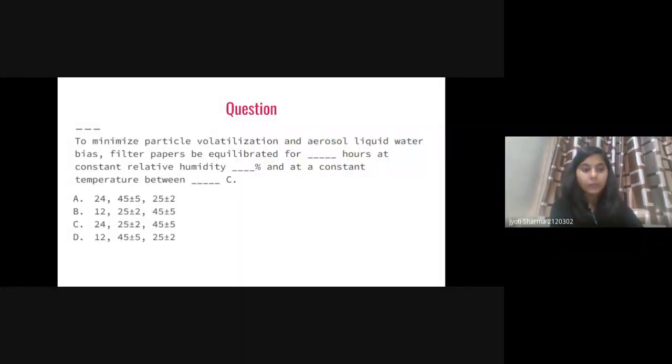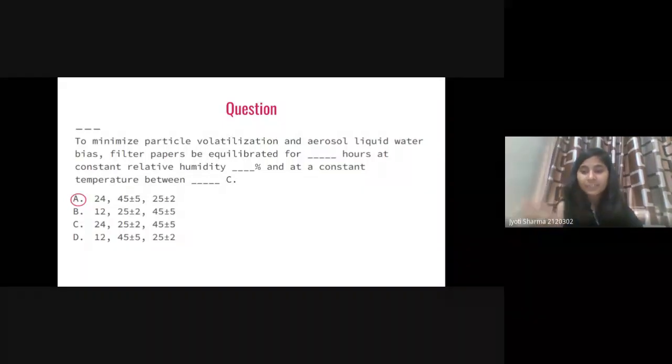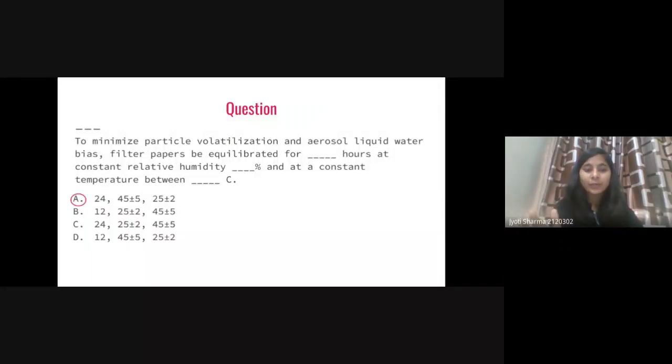Korea A. Okay, yes, the answer should be A, because we will keep our filter paper for 24 hours at a relative humidity of 45 plus or minus 5 percent, and a temperature of 25 plus minus 2 degrees Celsius.